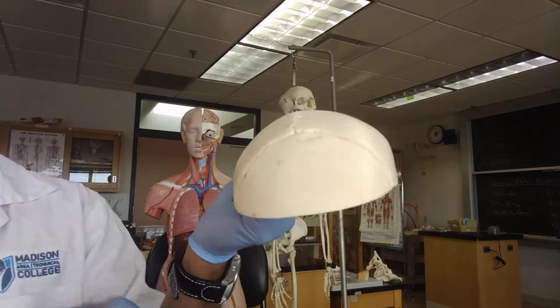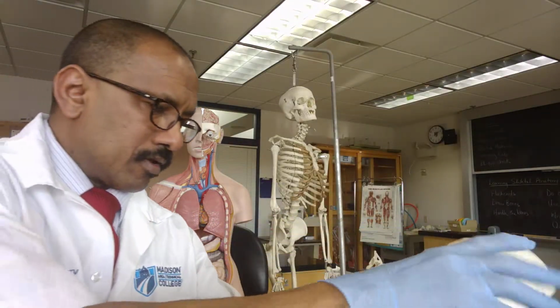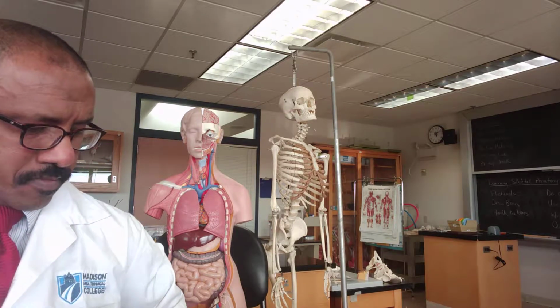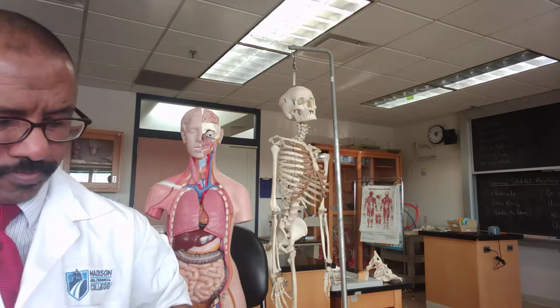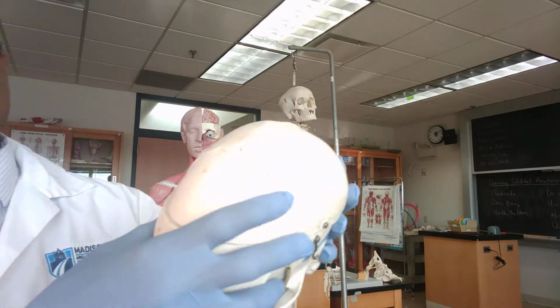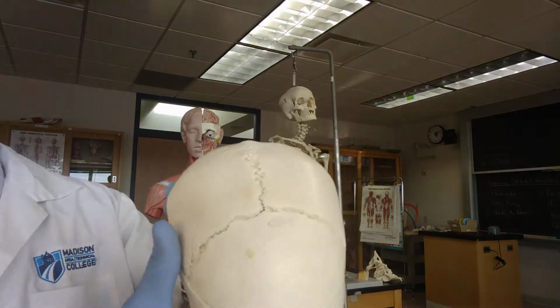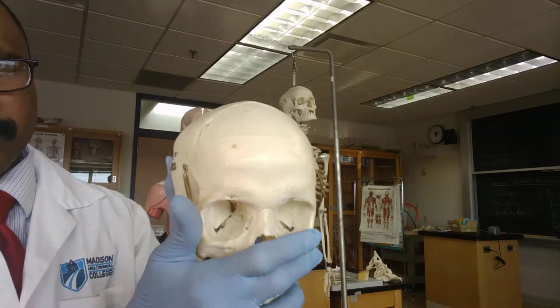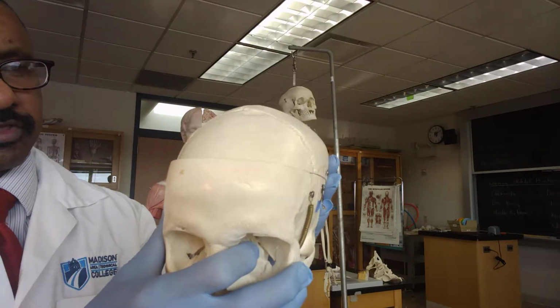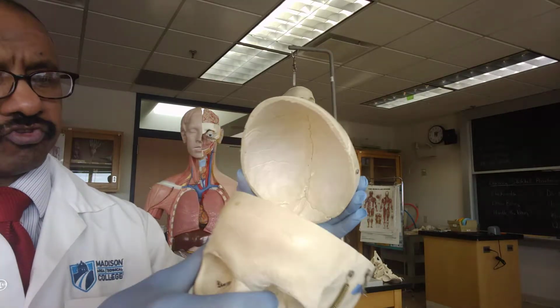This is the front of the skull. If I put it back in here on the skull to show you. Here, you can take a look at it. This is our skull. This is the front of the skull. So I'm going to put it back here to show you these sutures.